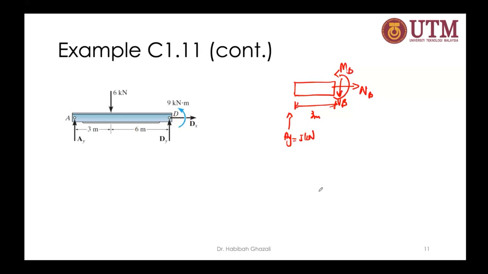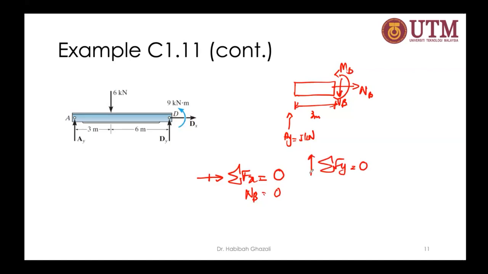So you can sum forces in X direction, equals 0. I said this is positive, so you can see that NB equals 0. And then I can sum forces in Y direction, and that will be equals to 0.